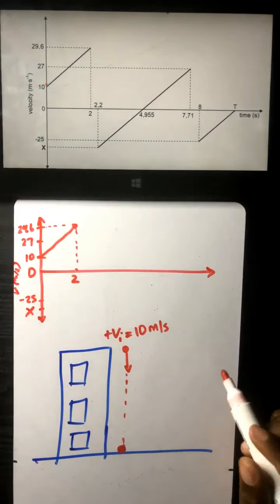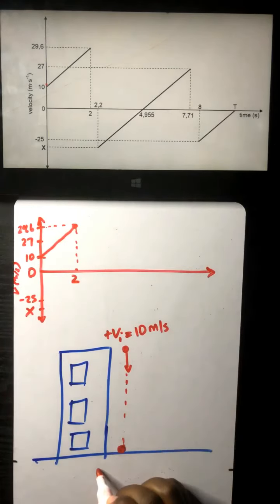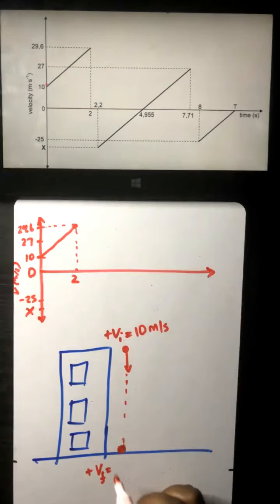Does it make sense? Which means its V final, which is positive, is equal to 29.6. I'm not sure if you understand that part.